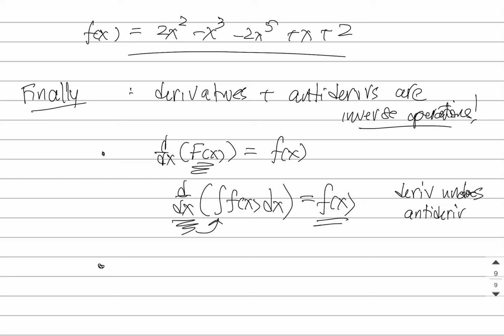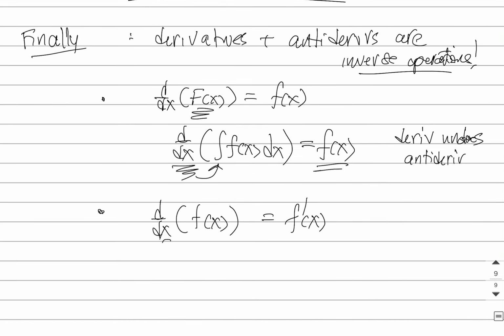Now at the same time, if we take a look at the other direction here, the derivative of a function is f prime. So if we switcheroo this, f of x is equal to the antiderivative of this.